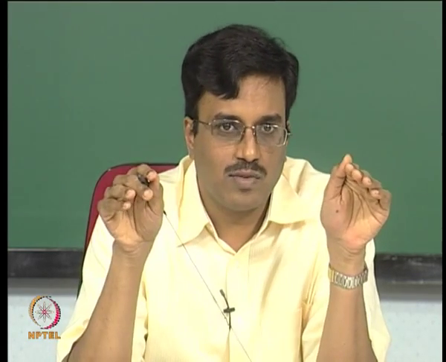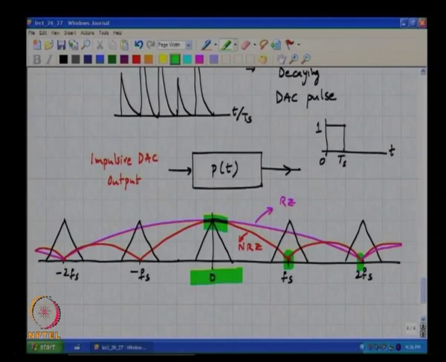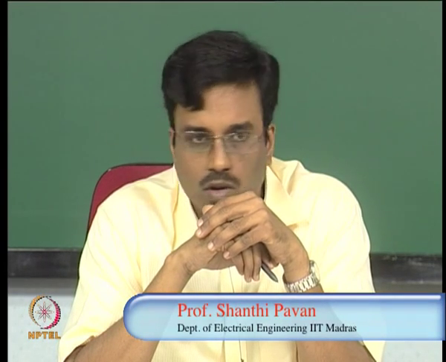That makes sense, because on the average whether you use an NRZ DAC or an RZ DAC, the average will be the same, because one has a value of 1 for the full clock period, the other one has a value 2 for half the clock period. So, on the average it is the same thing, but they have different high frequency properties, and you can all relate them to the spectrum of the original discrete time sequence that generated this waveform. You understand?